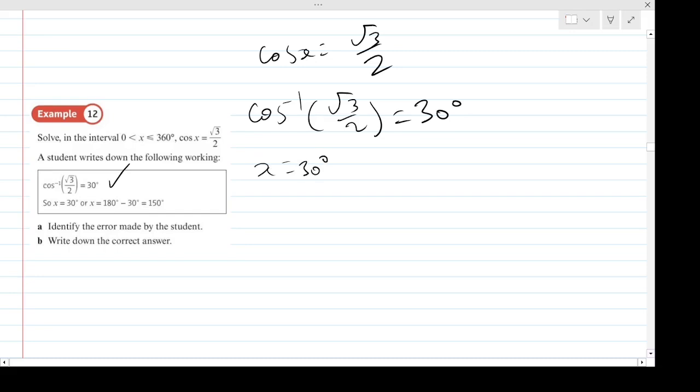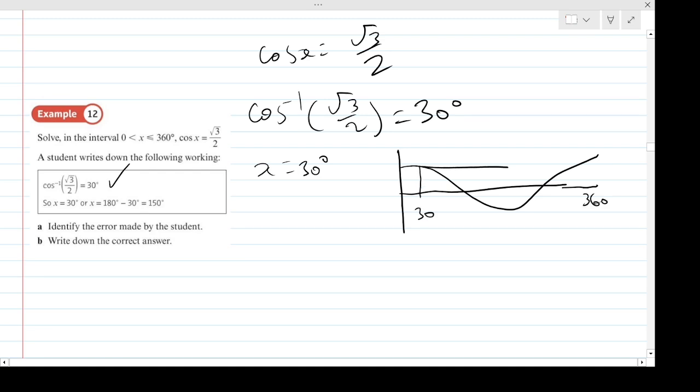So then to get the other solutions, let's consider the cos graph here. So between 0 and 360, right? There we are. So 30 is going to be, say, there.